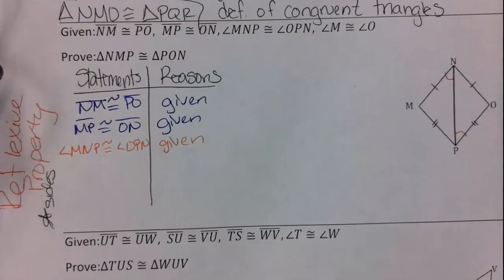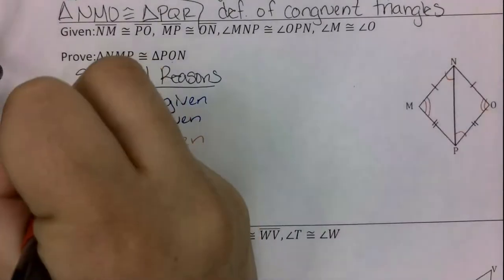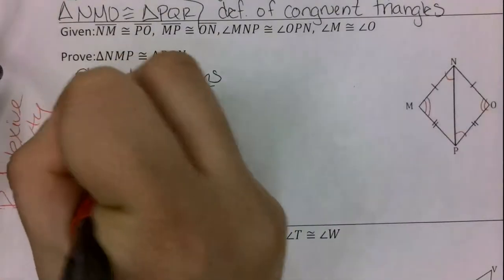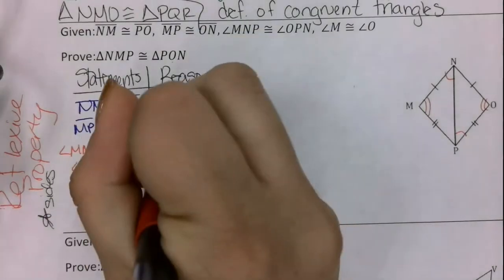And then I have measure of angle M is congruent to measure of angle O. That was given as well.